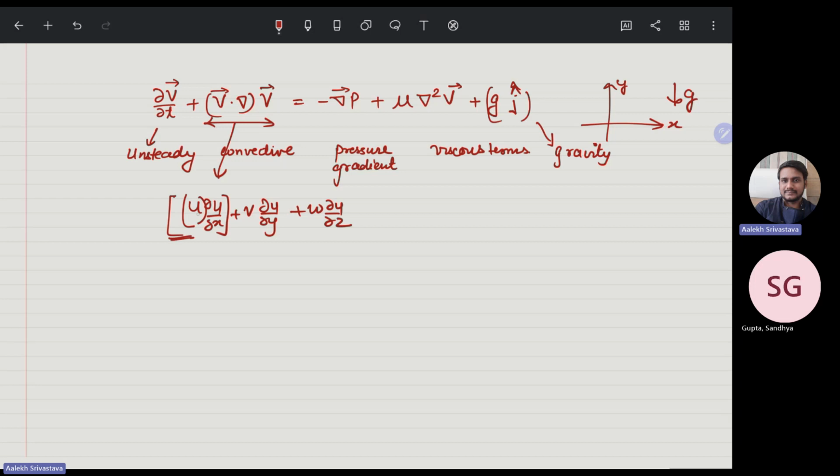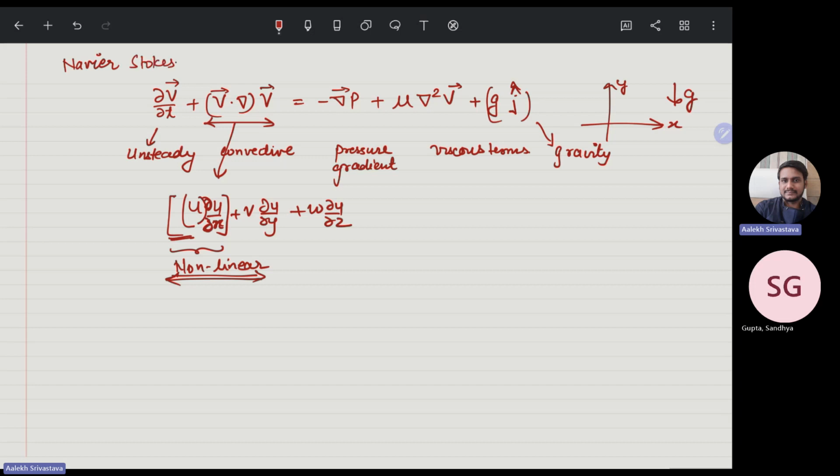So all the u is unknown, and we are multiplying its derivative with its value. So here both terms are unknown. So this is the non-linear term, and because of the non-linear term, the Navier-Stokes equation cannot be solved analytically.